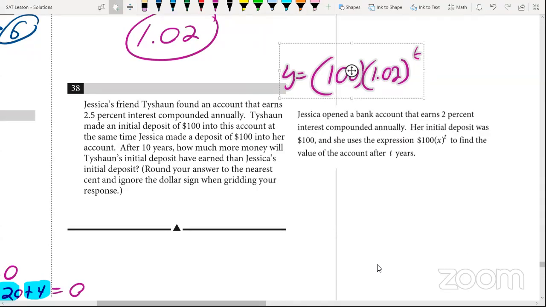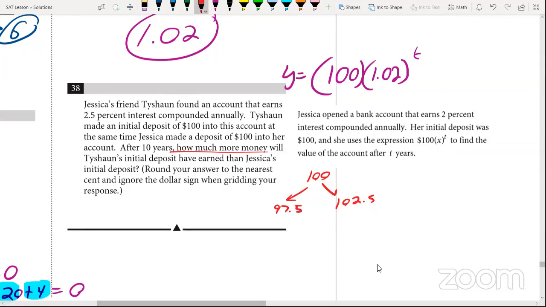Jessica's friend earns 2.5% interest, and how much more will the friend earn after 10 years? If it were 2.5% interest, instead of adding 2 to 100, we're adding 2.5. In decimal form, that'd be 1.025.